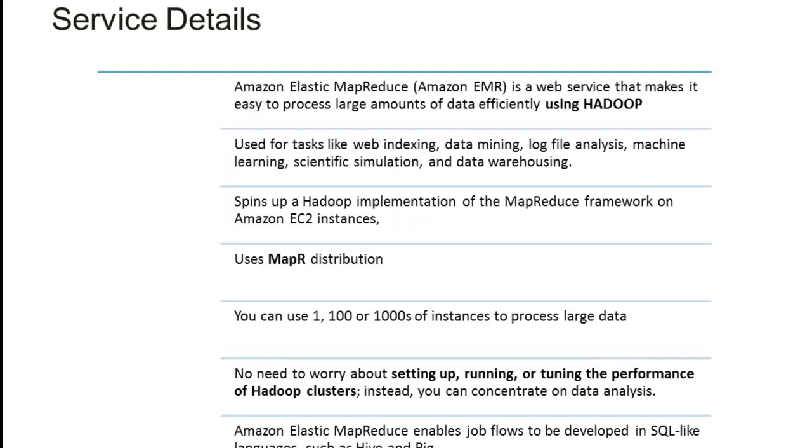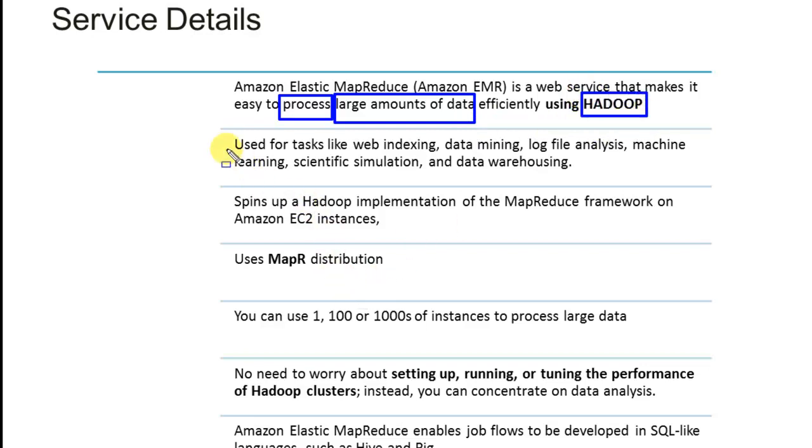Now, let us review this one more time, and then we will move to the next one. EMR is a web service that makes it easy to process large amounts of data efficiently using Hadoop. So that is one part.